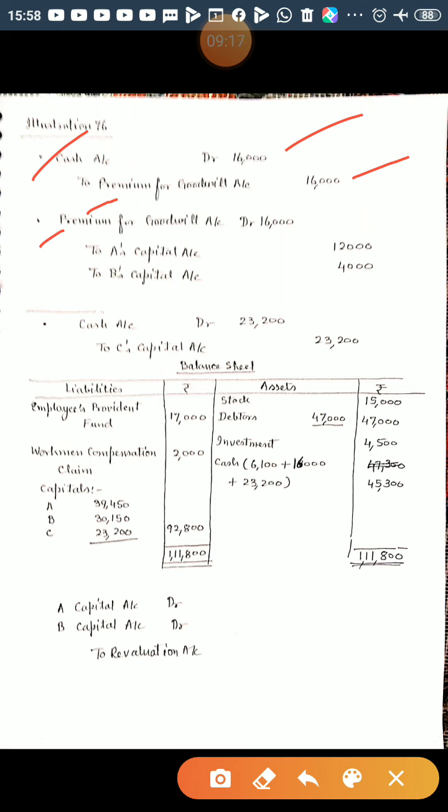So premium for goodwill account debited 16,000 to A's capital and B's capital in the sacrificing ratio, and the sacrificing ratio is 3:1.